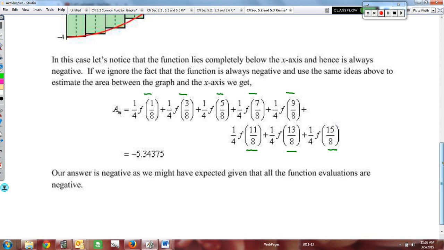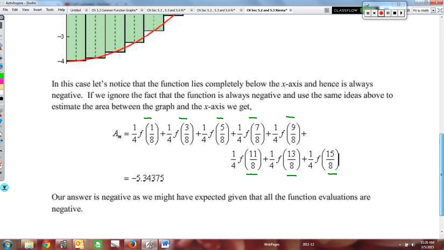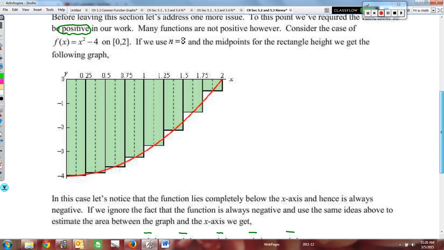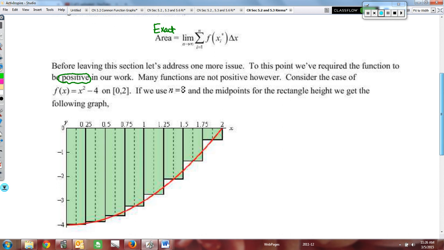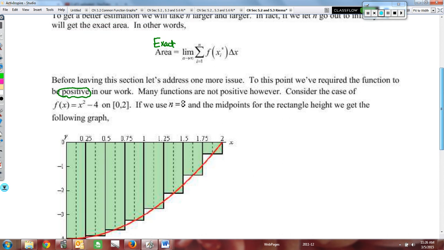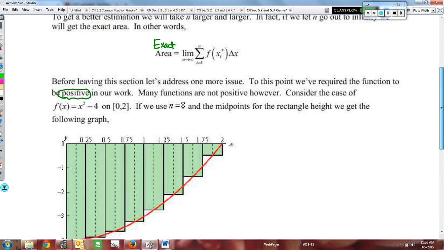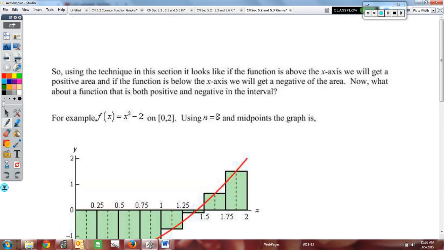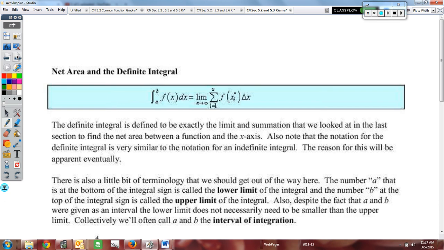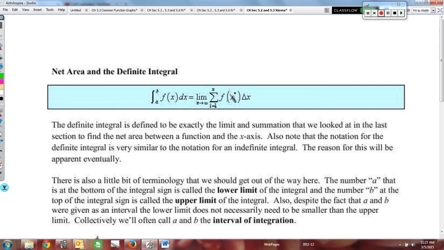The other thing I want to talk about here is why do we keep talking about this area problem? How is it related to what we actually want to find, which is in the integration section? How is this related to integrals? Well, we're going to introduce, in the next set of notes, the idea that if I wanted to actually calculate this Riemann sum and then take the limit as n goes to infinity, we're actually going to get a definite integral.